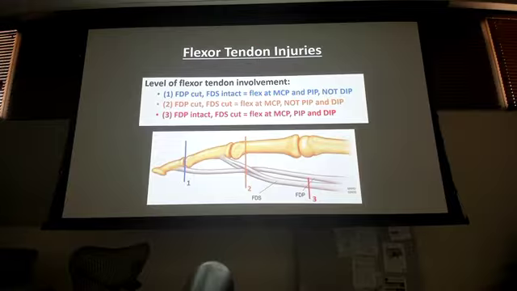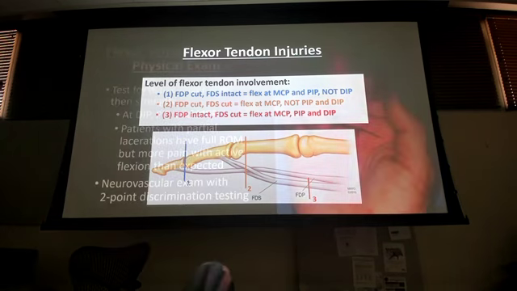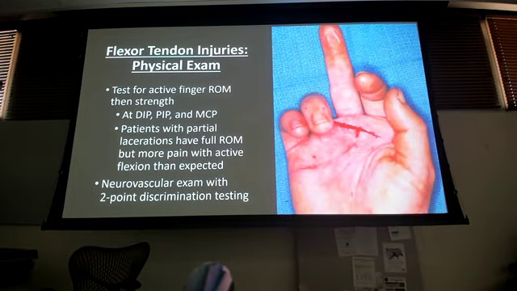And that's what this chart, cleverly redone for color coding purposes, is meant to illustrate for you guys. If you need me to go through this again during test review, let me know. But you need to know this. Alright, test them. Again, DIP, PIP, MCP. Alright, so you're like, okay, well it's in, but he's having a lot of pain when I ask him to do that testing in isolation.